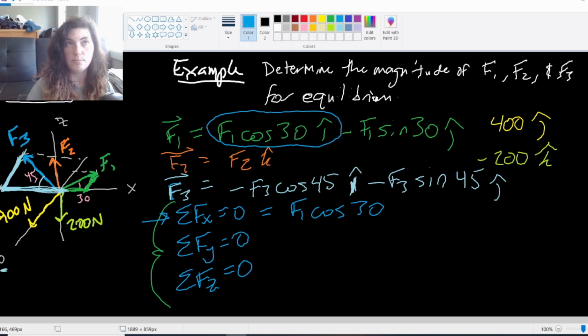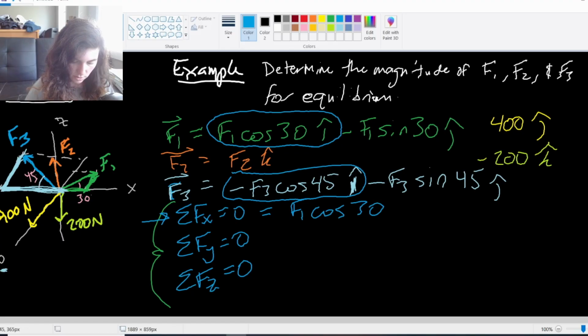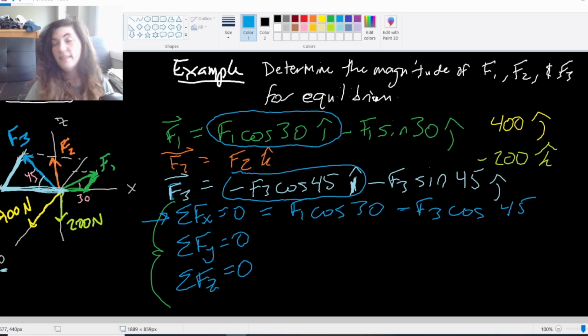I don't need the i hat because they're all going to be just x's. And then look for my next i hat. I see another one here in F3, which is negative F3 cosine 45. And that's all of my i hat components, all of my x components, which I found by looking through my broken up forces.